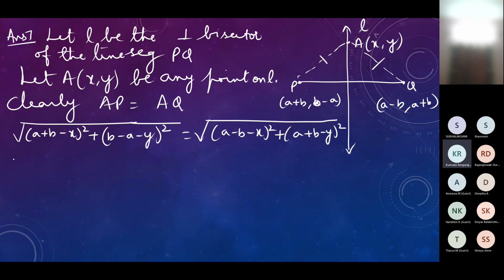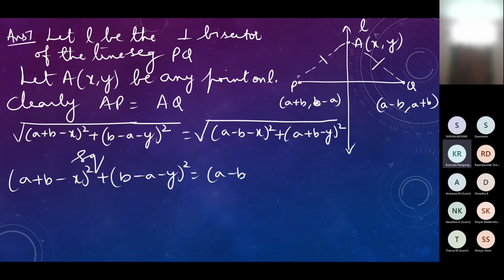Now squaring on both sides, you get rid of the square root symbol. So A plus B minus x the whole square plus B minus A minus y the whole square is equal to A minus B minus x the whole square plus A plus B minus y the whole square.